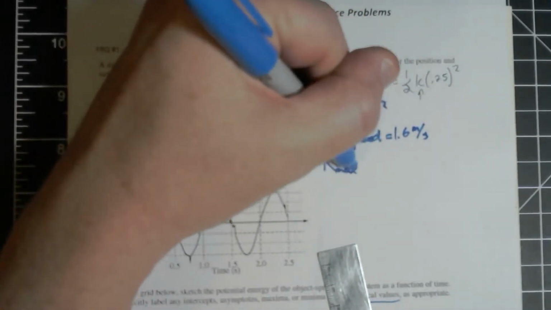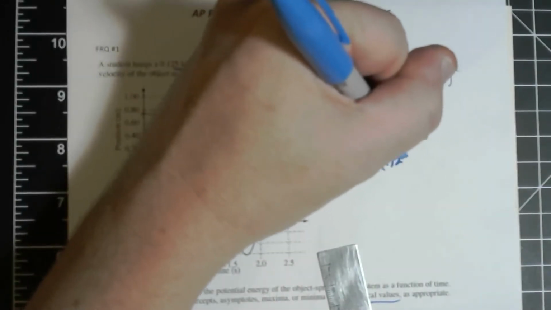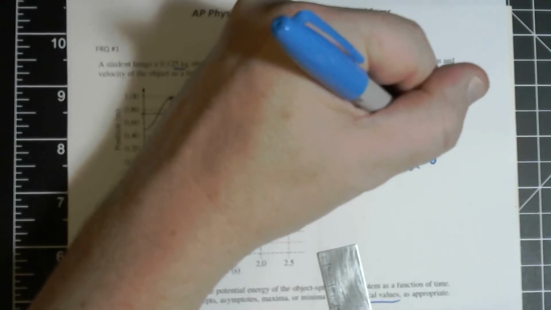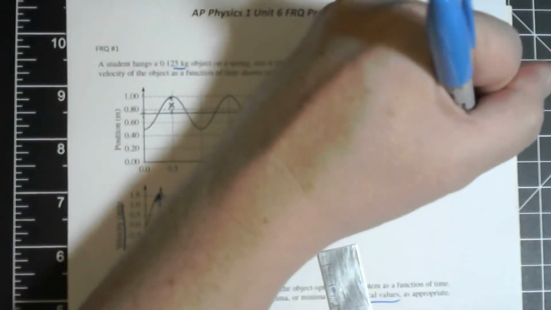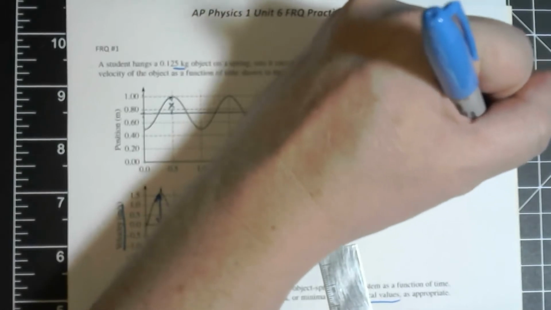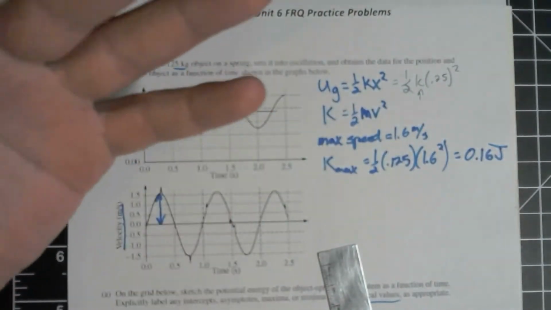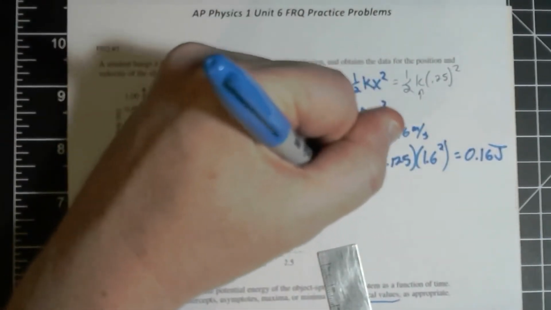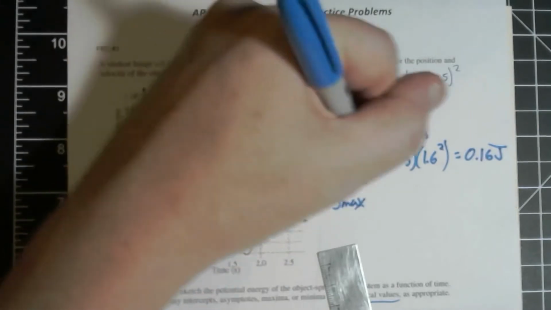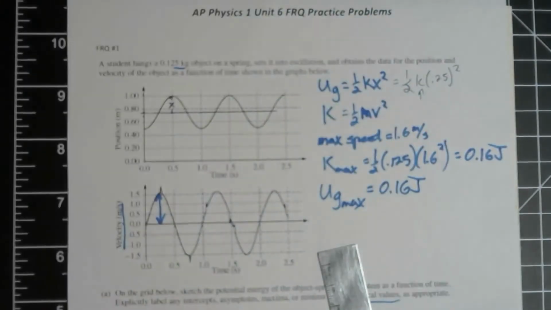It'll be 1/2 times the mass of 0.125 times 1.6 squared. That gives me approximately 0.16 joules of maximum kinetic energy, which, if we're drawing potential energy conclusions from that, also means the maximum potential energy is 0.16 joules.